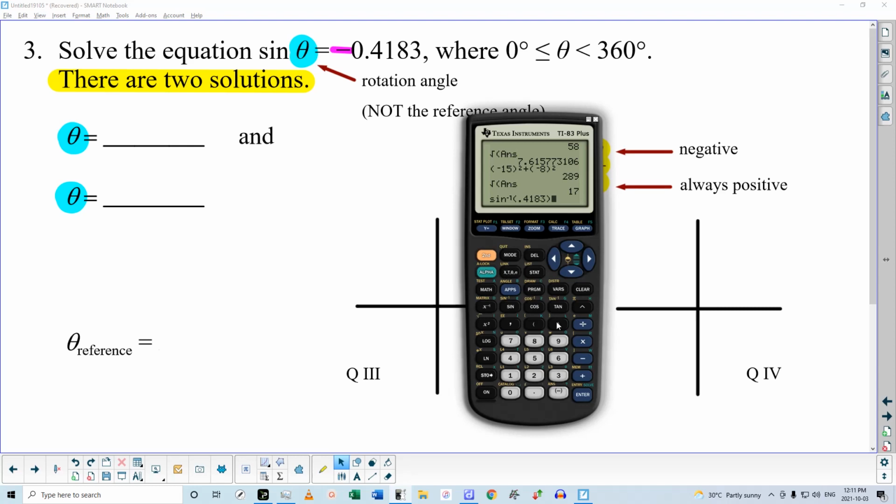And if it's cosine of theta and you put a negative in, you've got a second different path to follow. And if it's tangent, you have a third path to follow. So rather than having three different sets of rules that you've got to try to wrap your head around, we have one. To find the reference angle, you ignore any negatives. Make sure your calculator is in degrees, and I get a reference angle of 24.7 degrees.